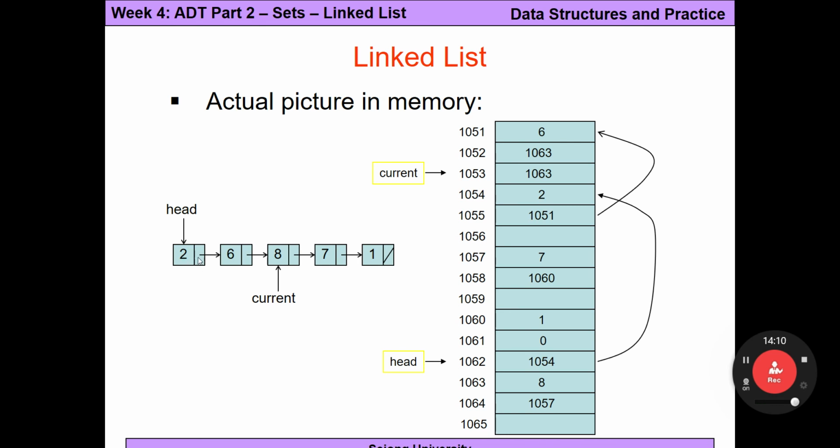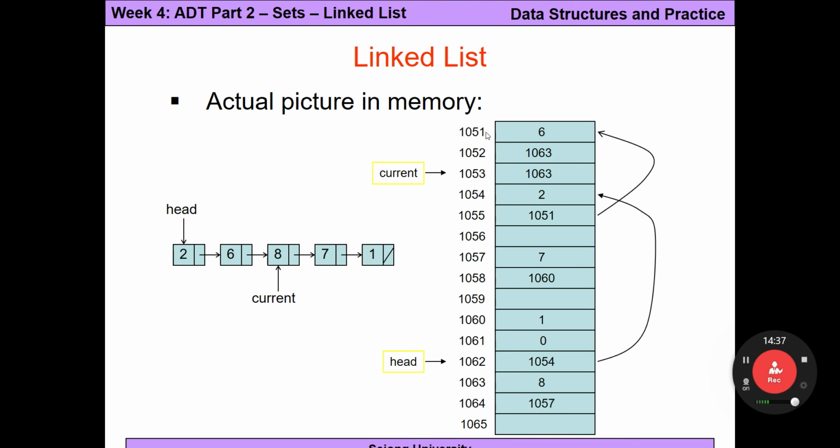The next for this 2 is 1051. This is data and this is next, so 1051 carries the address of the next node. Where is 1051 in the memory? These are the addresses, as you can see.